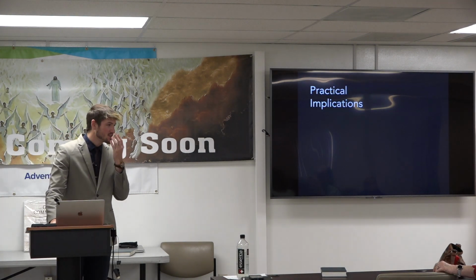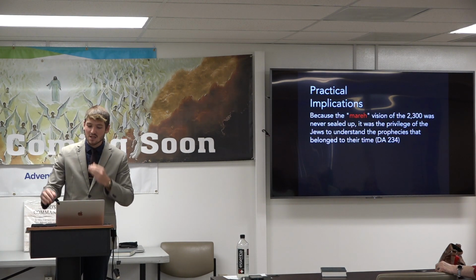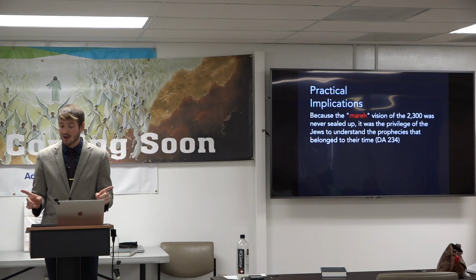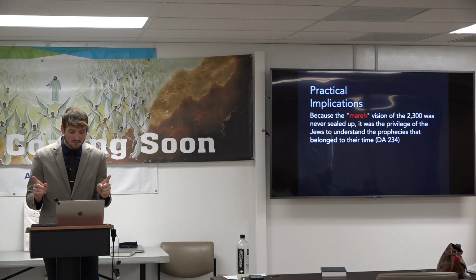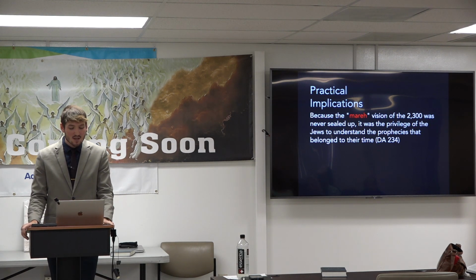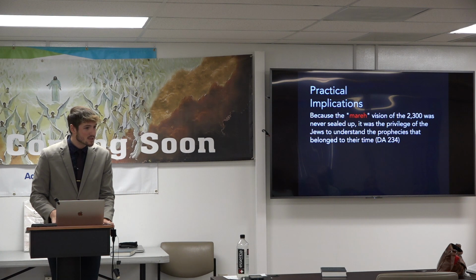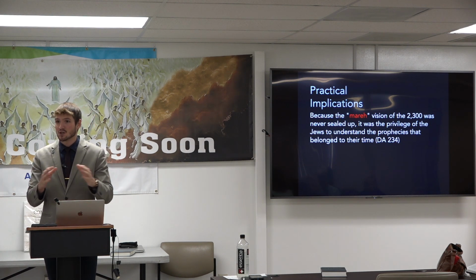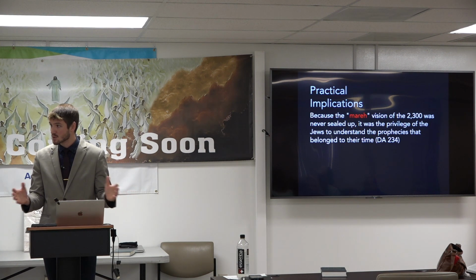So what is the implication of these things? Because the Mareh vision of the 2300 evening mornings was never sealed up, it was the privilege of the Jews to understand the prophecies that belonged to them. Because the Mareh had in part the probation of the Jewish people closing. That was part of the Mareh.